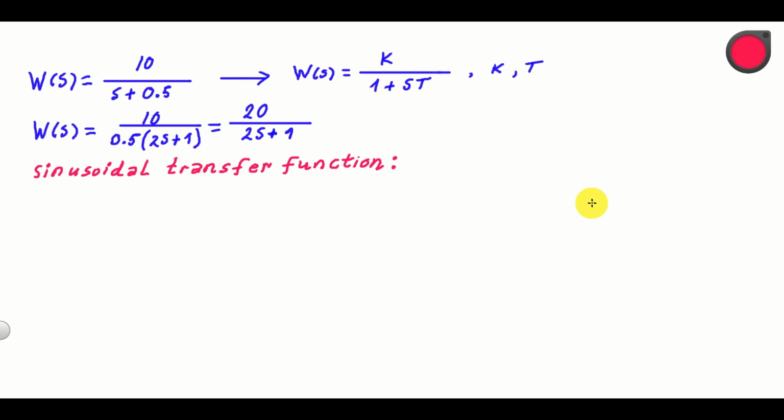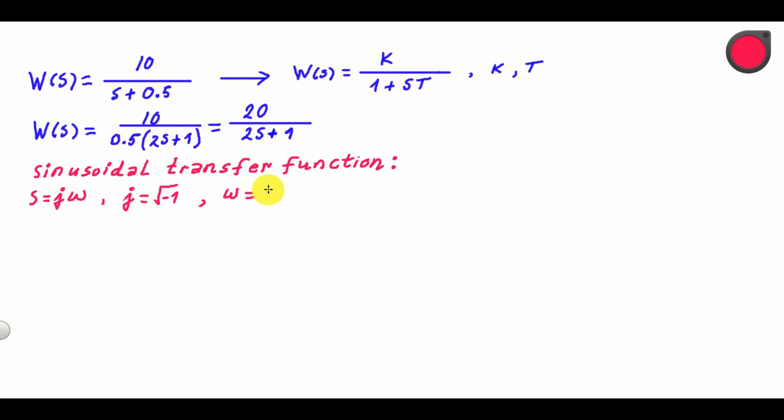The next step is to derive the sinusoidal transfer function. We obtain the sinusoidal transfer function by replacing s by j omega in this expression. That is, we substitute s by j omega, where j is the square root of -1, that is, j is the imaginary unit, and omega is the radial frequency.